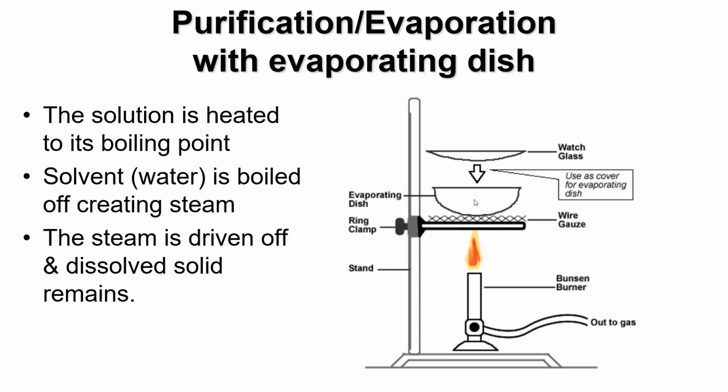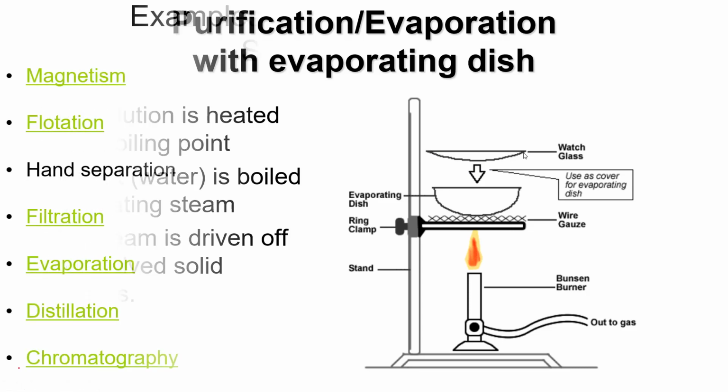So the watch glass allows us to watch that whole process happen, see when it's close to being done, and not lose any of our solute particles. So you always want to use a watch glass on top of the evaporating dish, and you can see it is placed on top of that evaporating dish in a concave manner.